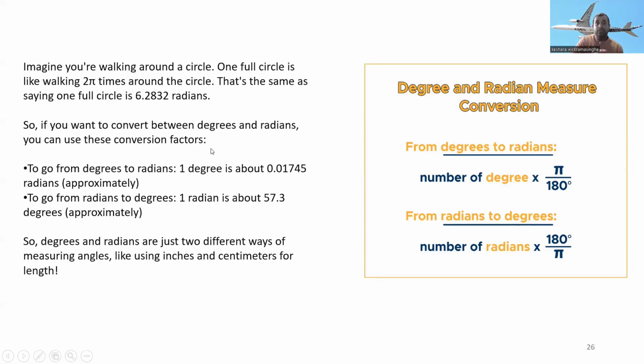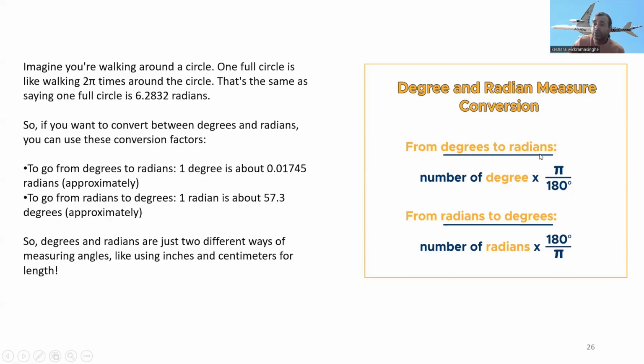To go from degrees to radians, 1 degree is about 0.01745 radians, and to go from radians to degrees, 1 radian is about 57.3 degrees approximately. So degrees and radians are just two different ways of measuring angles, like using inches and centimeters for lengths.